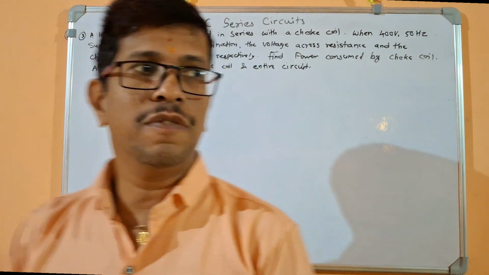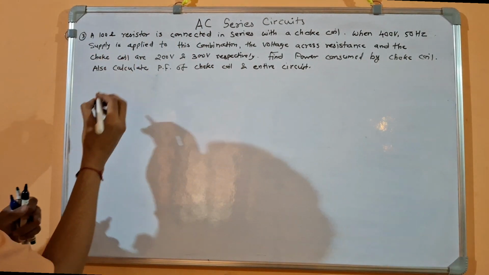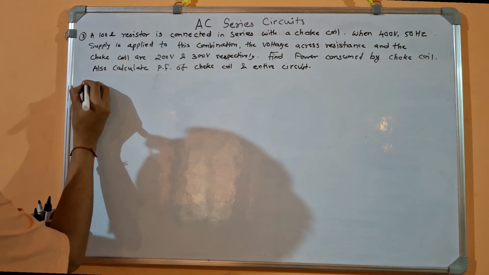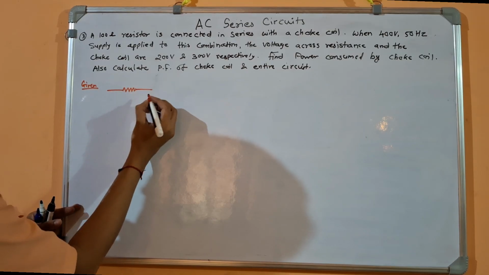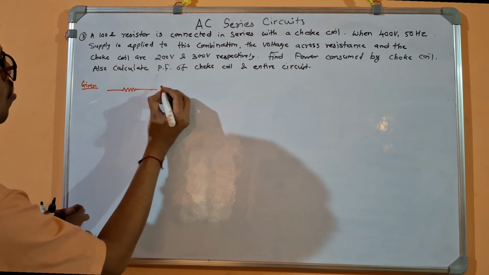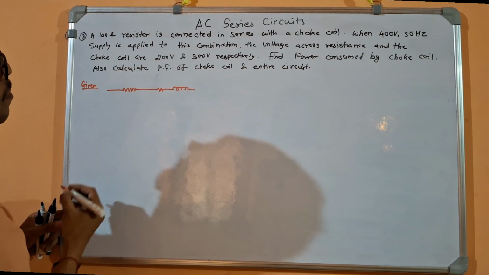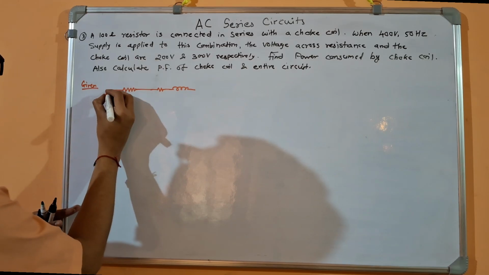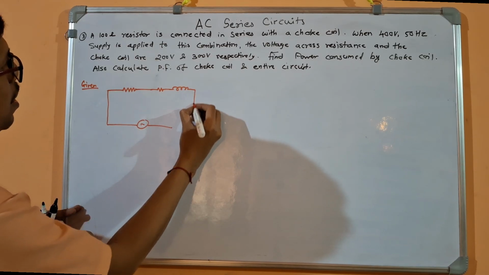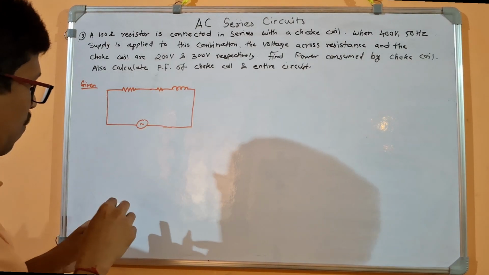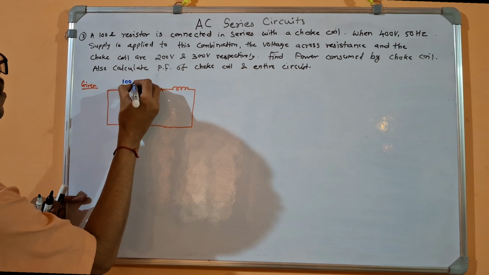So first of all we will interpret what is given in a pictorial form. Given is a 100 ohm resistor connected in series with a choke coil, meaning a small resistance in series with one inductive coil, across 400 volt 50 hertz supply. So I will show the values over here. This is my 100 ohm.